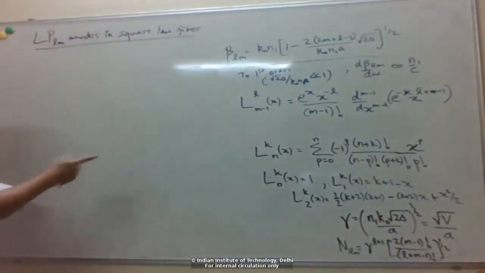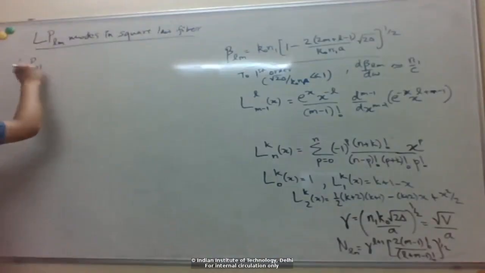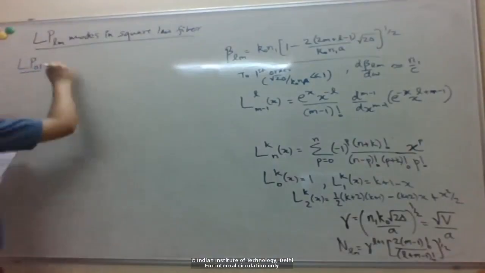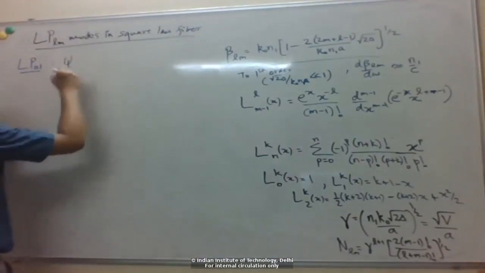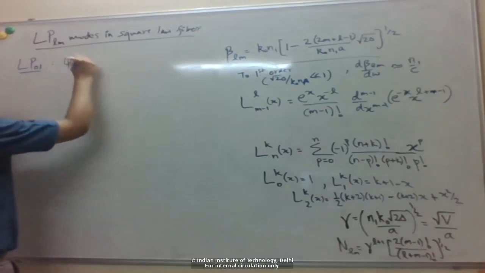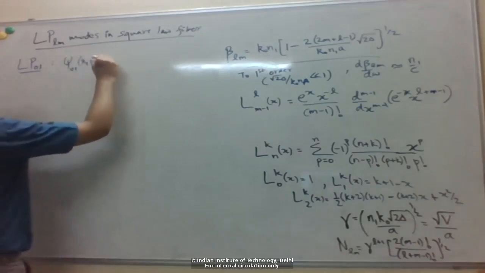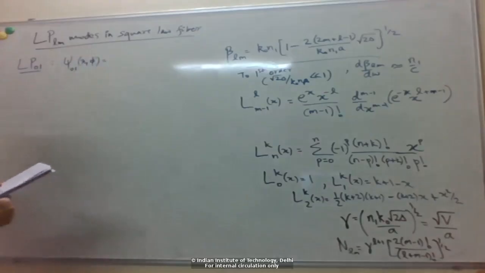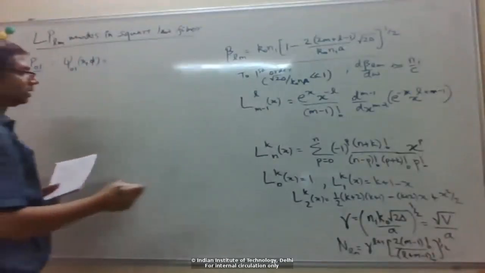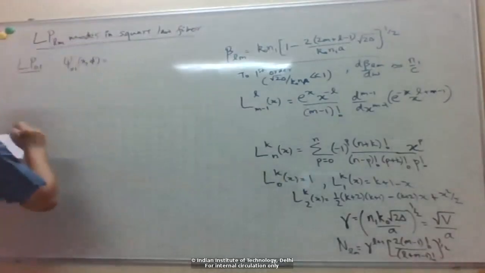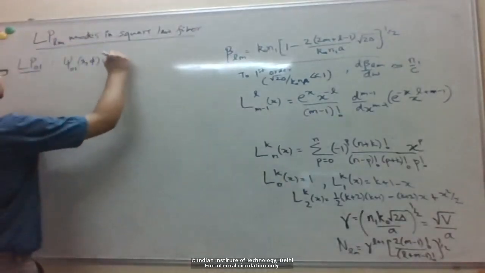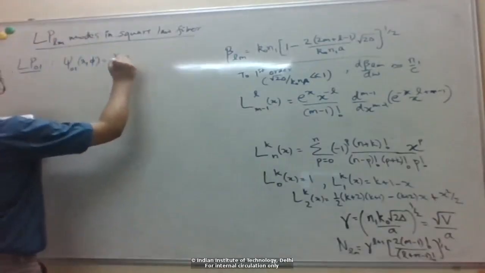The lowest order: L starts from 0, M starts from 1, so the lowest order mode again is LP01. If you use that expression for the mode, for L equal to 0 and M equal to 1, we have just a constant function in the radial coordinate, so only the Gaussian function remains.